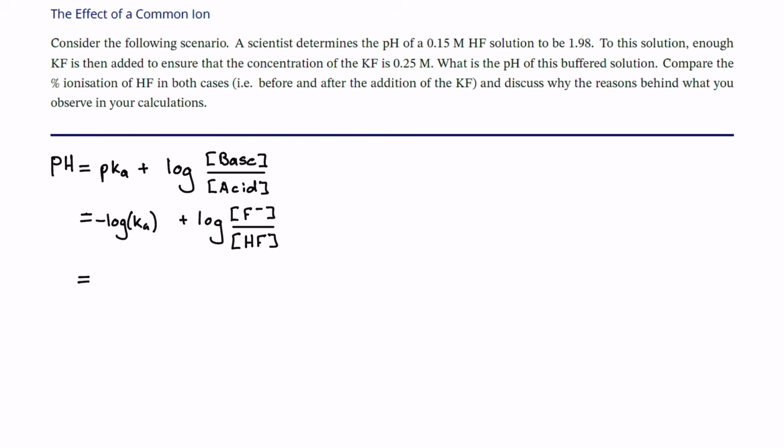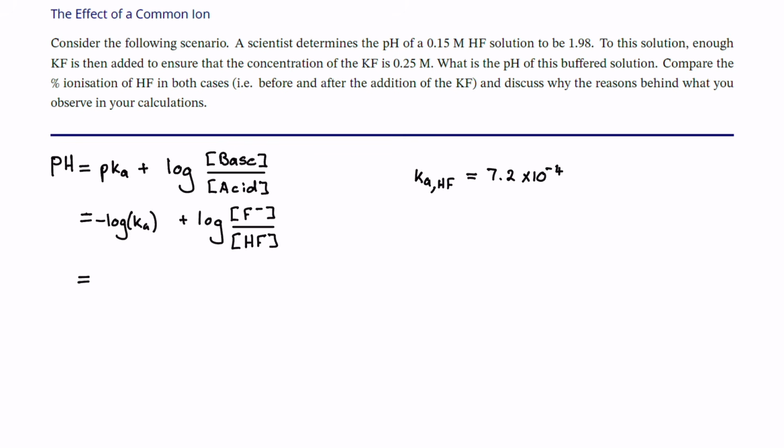You can look up the Ka of HF in a table, and you will see that it's 7.2 times 10 to the negative 4.